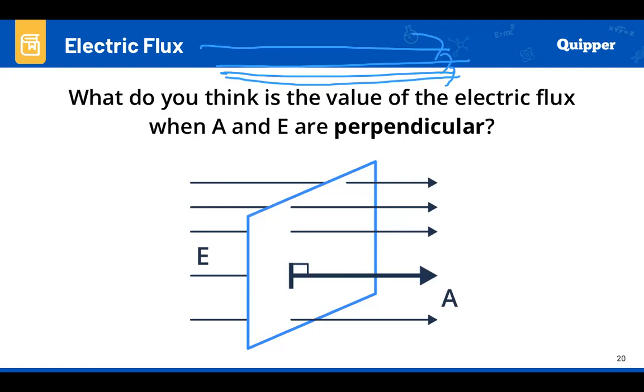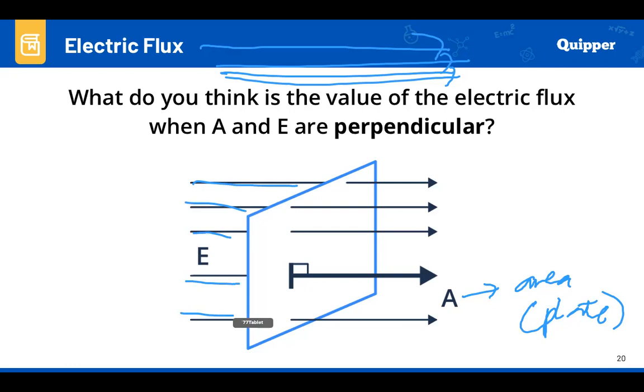So for example, what do you think is the value of the electric flux when A and E are perpendicular? A, right, is our area, or the plate. Correct? And E, which are the electric fields, okay, perpendicular.